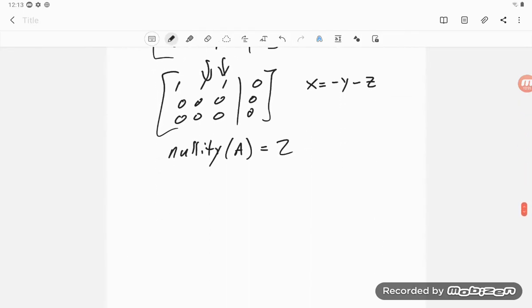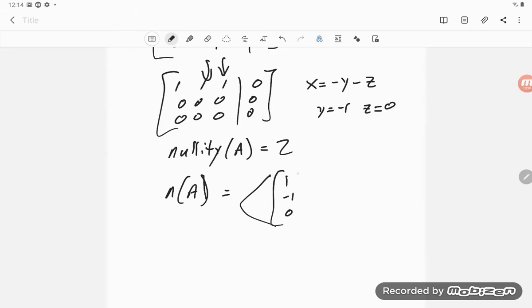So it says I should be able to generate the null space of A from 2 independent vectors, because the nullity, or the dimension of the null space, is 2. Well, if I let y equal -1 and z equals 0, that would give me 1, -1, and 0.